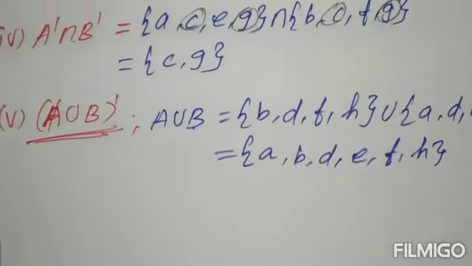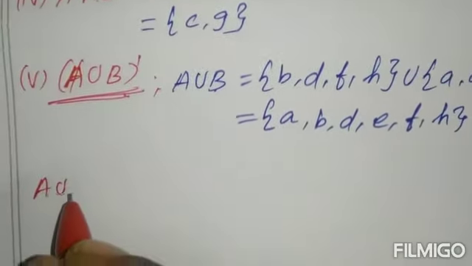Now we have to find A union B the whole complement.